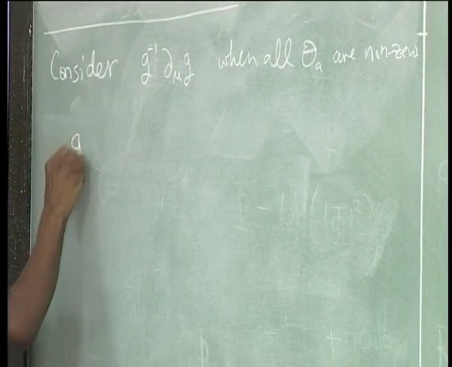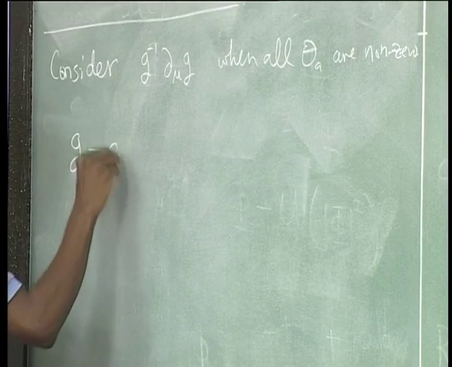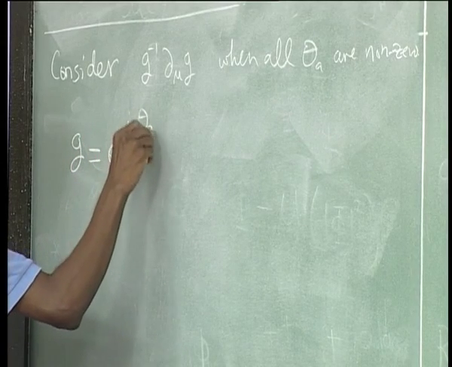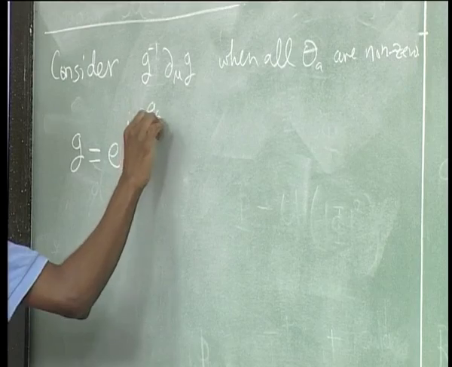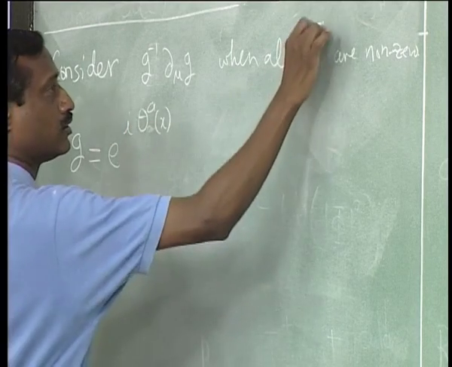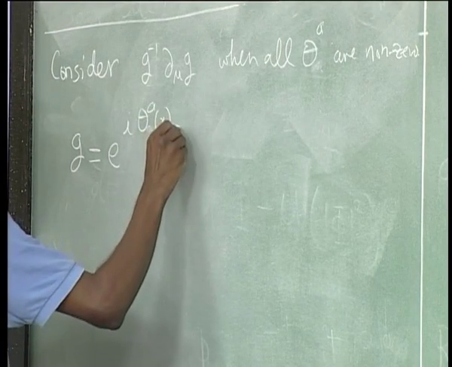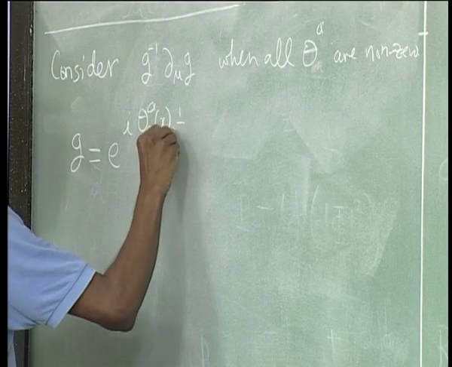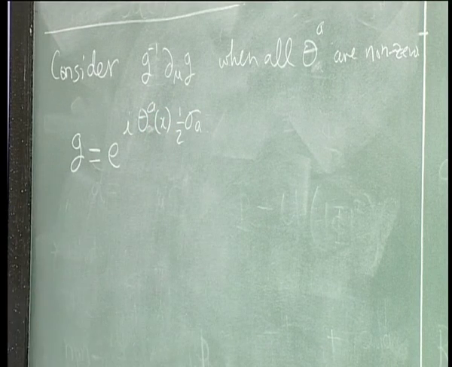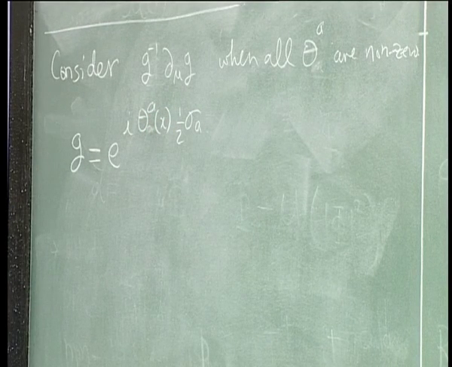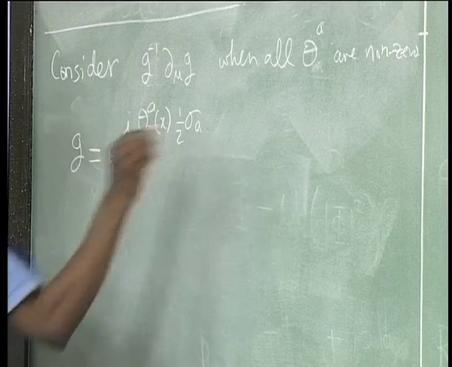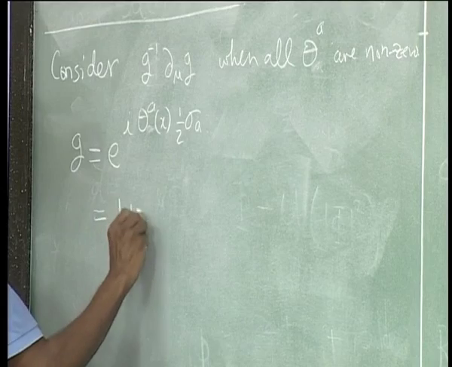Okay. So, now we have to write G equal to e power I theta a of x sigma a by 2, and we go back to the basic definition. Okay, what was the basic definition, which is expand the power series.